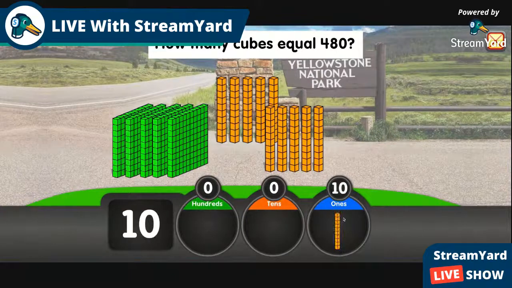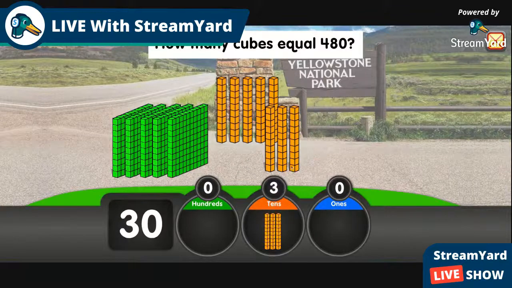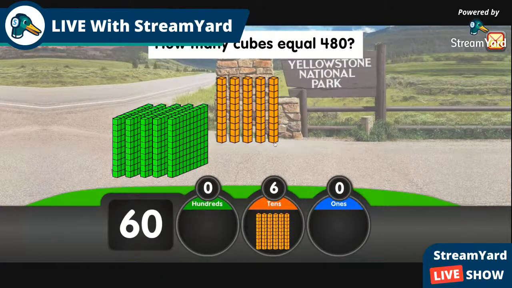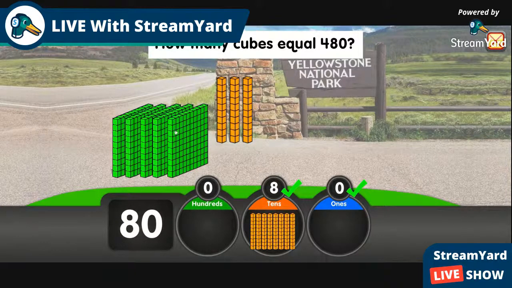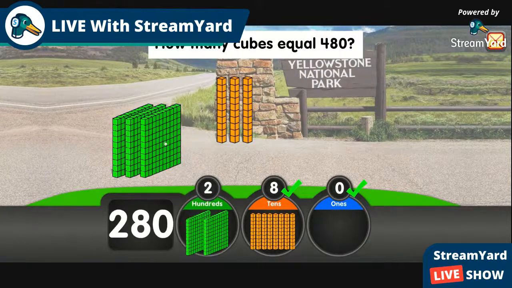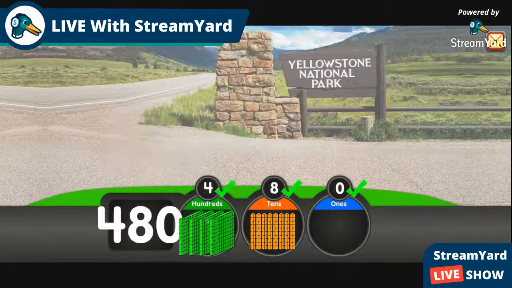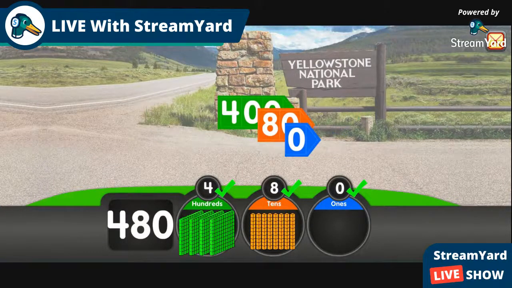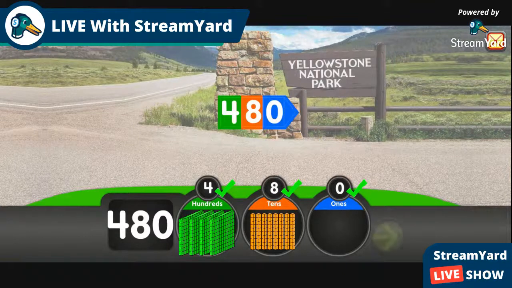One group of 10. 20, 30, 40, 50, 60, 80, 200. 480. 400 plus 80 plus 0 equals 480.